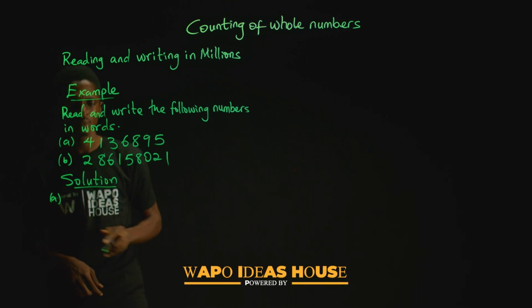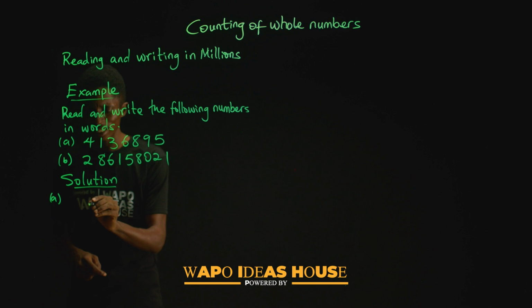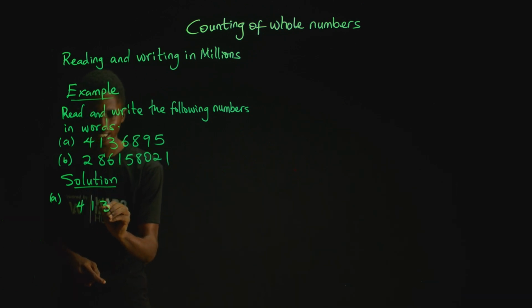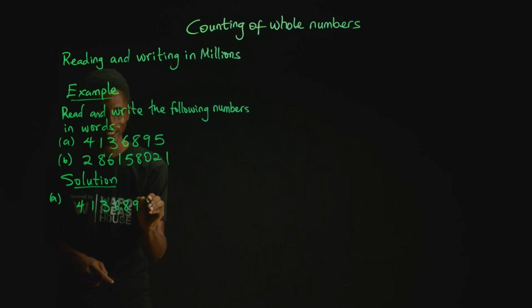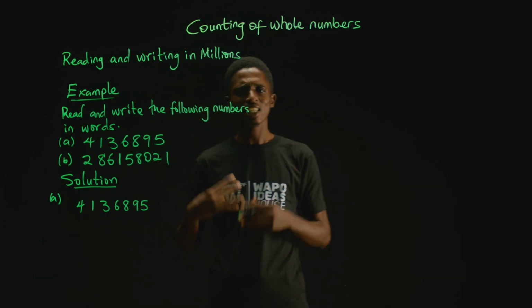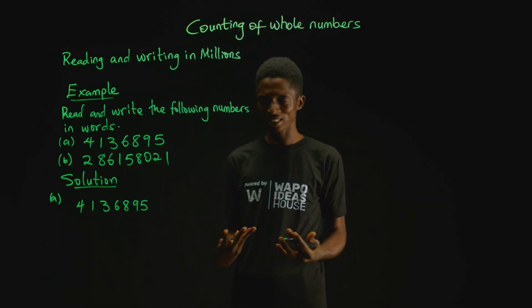A. The number we are dealing with is 4,136,895. First thing you do in this case is to group it in threes.